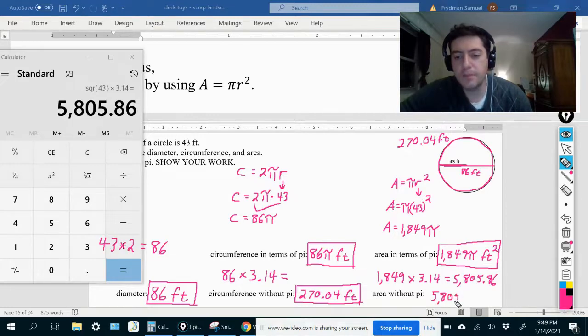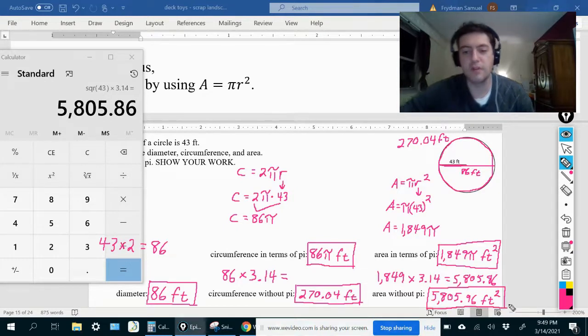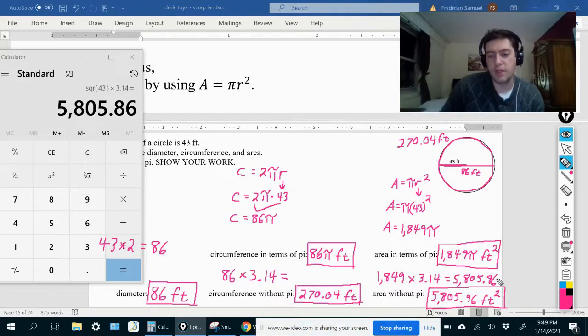By the way, if you're doing one of the activities for this, you've probably noticed that I seem to be writing everything twice. So I wrote this number over here, and then I wrote it again down here. I wrote this over here, and then I wrote it again down here.